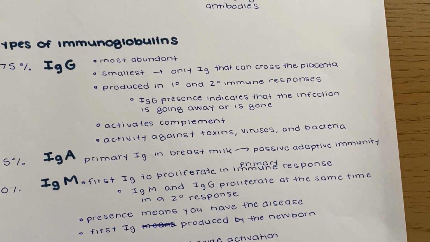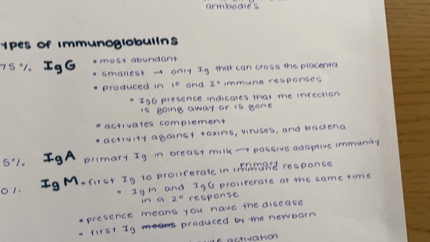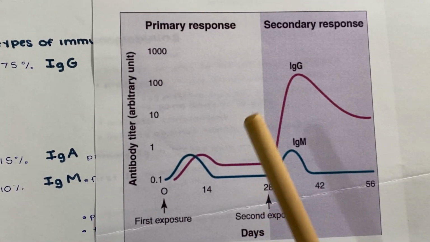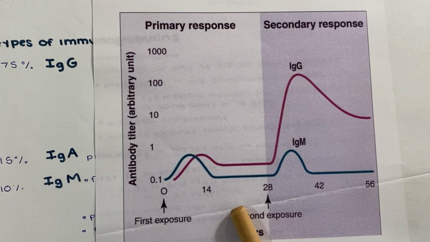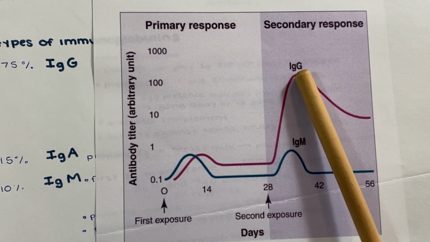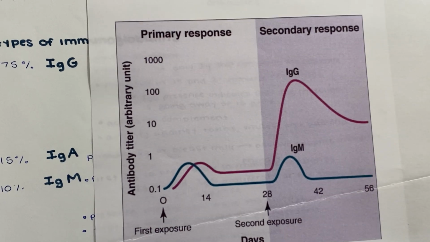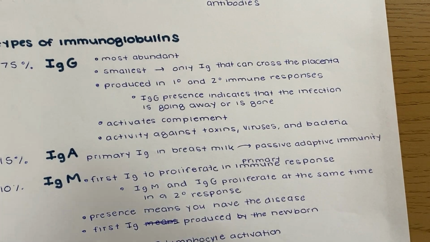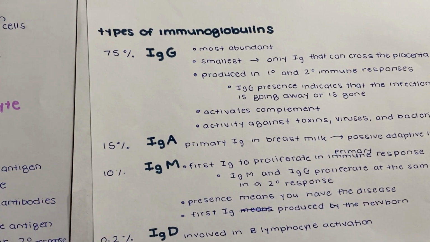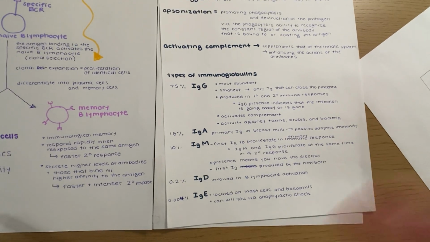And then IgM is first to proliferate in the primary response, and then IgG proliferates the strongest in the secondary response. And then IgD is involved in B lymphocyte activation.